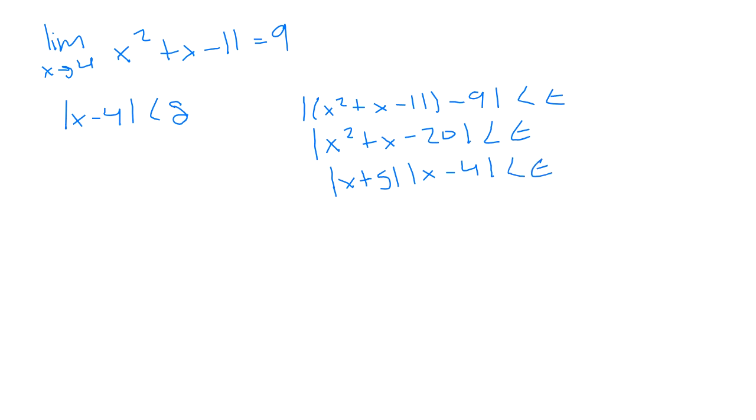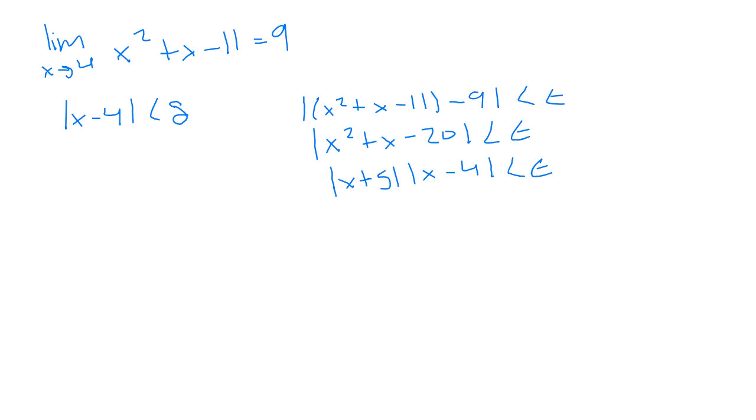Well, good news is that we have x minus 4 in both. The problem is we have this x plus 5 right here, and that one's a little harder to mess with than if that was just, say, a constant like we had in other ones. But we can still do something with that.